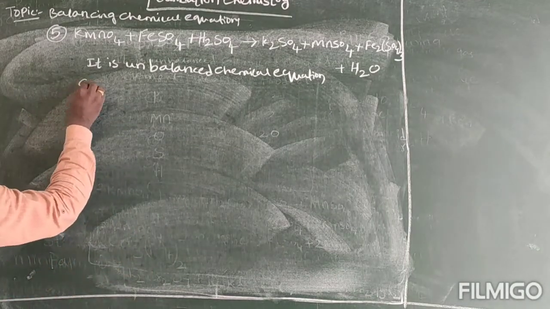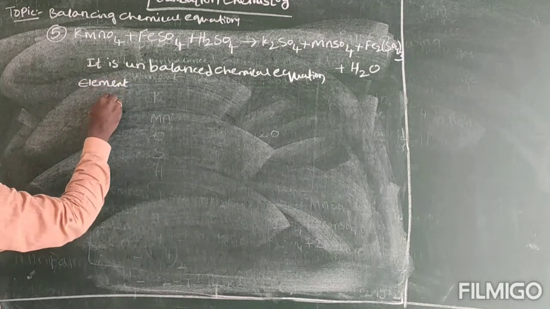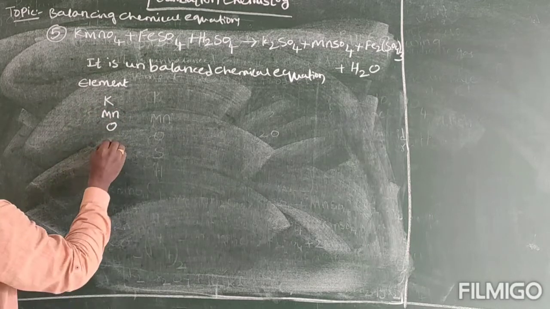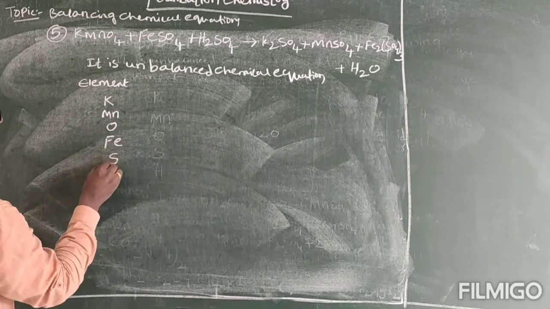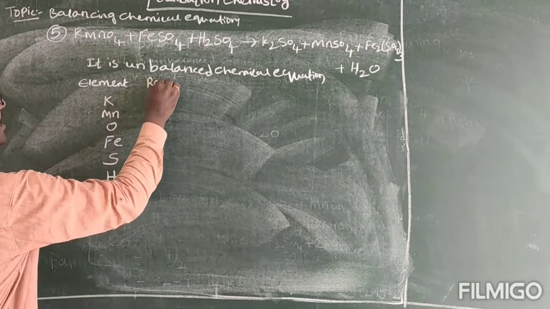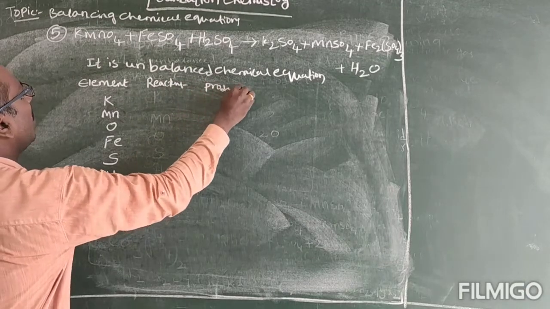Now first we have to identify what elements are present: potassium, manganese, oxygen, iron, sulfur and hydrogen. On the reactant side how many atoms are present, and on the product side how many atoms, we will write it.